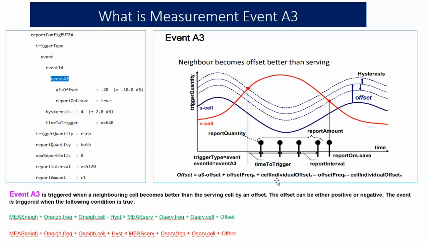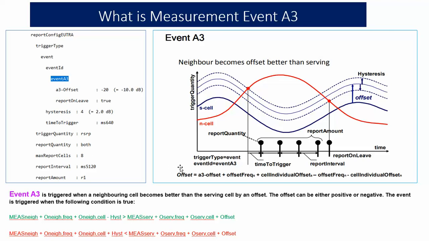If you want to stretch it, we can increase that individual cell offset, and similarly the frequency offset is used on frequency. So these are very rare cases. Generally this offset frequency and individual offset are not used, but in special cases they will be.